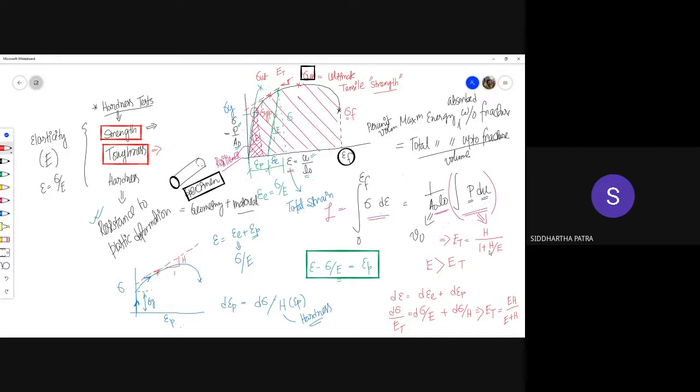Now H, the hardness, that is the resistance to plastic strain, is much smaller compared to the resistance to elastic strain.